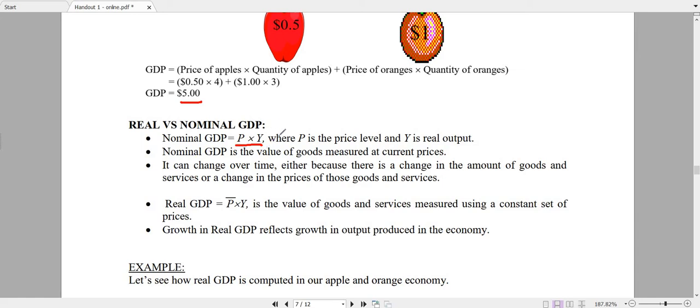Given this definition of nominal GDP, you can see that nominal GDP can rise over time either because of an increase in price level or because of an increase in output level. Hence, reliance on nominal GDP can be a little deceptive. If nominal GDP is increasing, you cannot tell whether that increase is because of inflation or because of an increase in production.